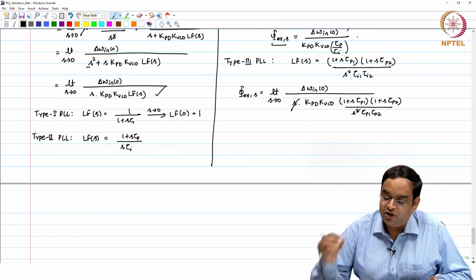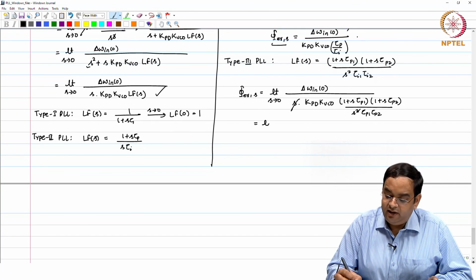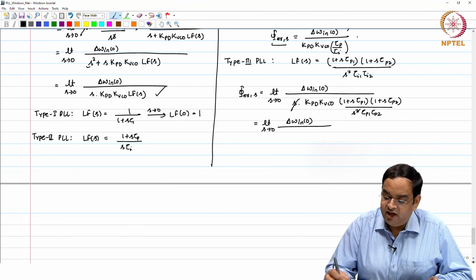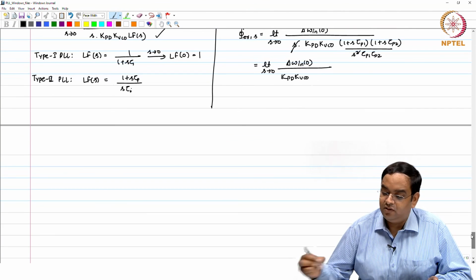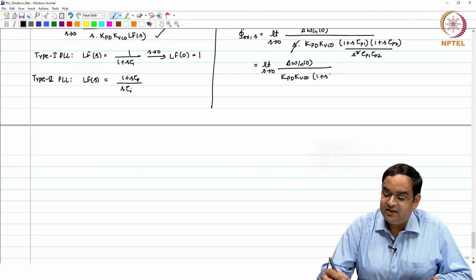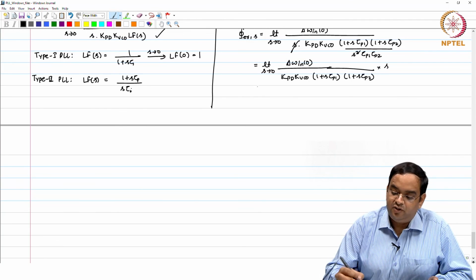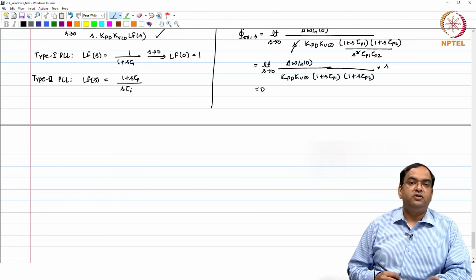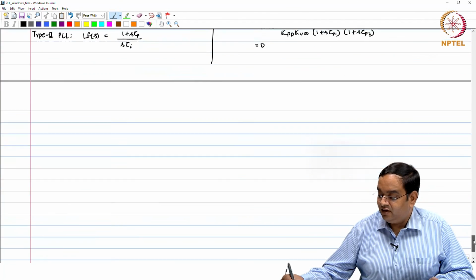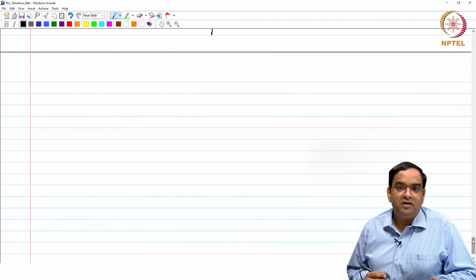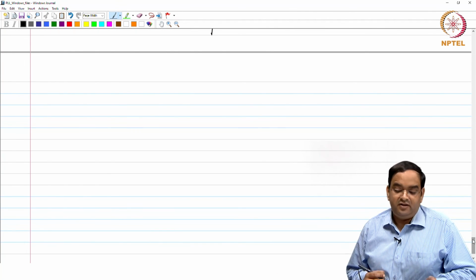So, this goes off. What do you have in the end? You have S tends to 0, delta omega in 0 divided by KPD KVCO times (1 plus S tau P1)(1 plus S tau P2) into S, which is equal to 0. So, for type 3 PLL also, even in the case of frequency ramp, your error is equal to 0.